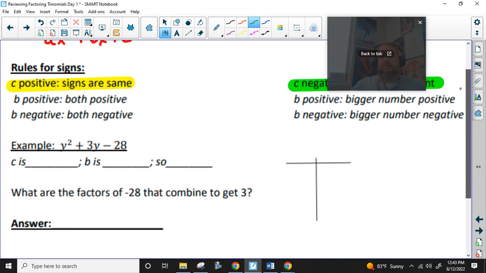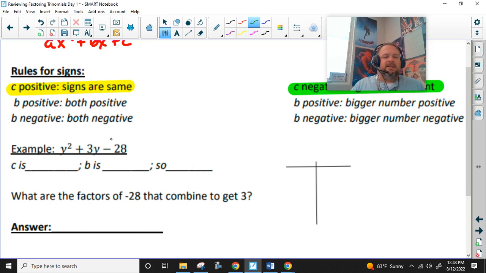Right here, we have negative 28. So C is negative. I will eventually just write a minus sign right there. Okay. Our B, that's this one right here, is positive. Again with the plus.